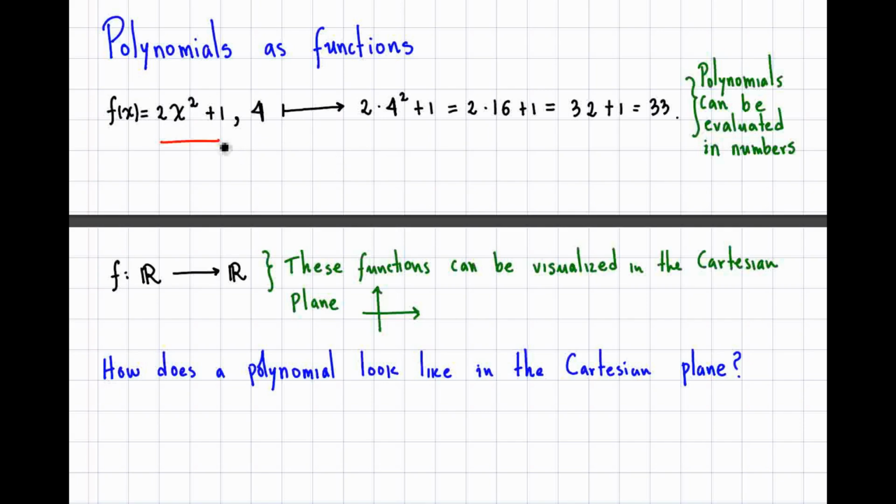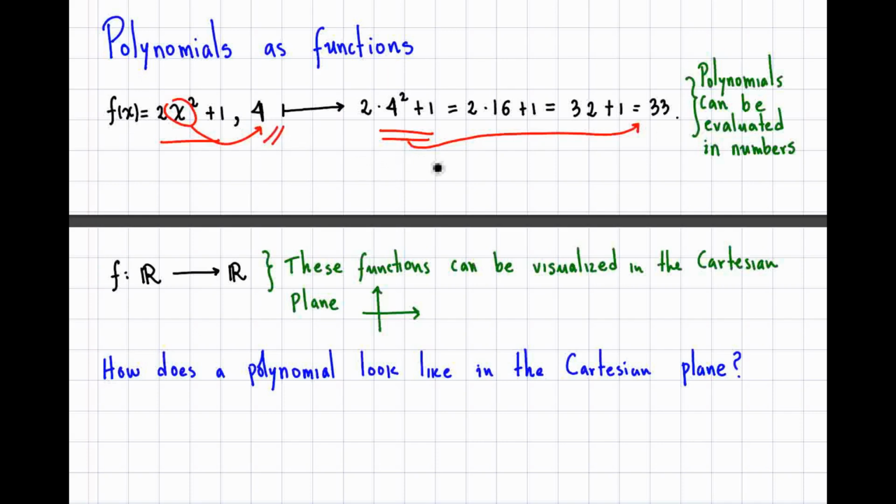Note that we can substitute the variable, in this case x, for the number 4. This gives us an expression that we can calculate. The result is 33. This means that a polynomial can be evaluated in a number.